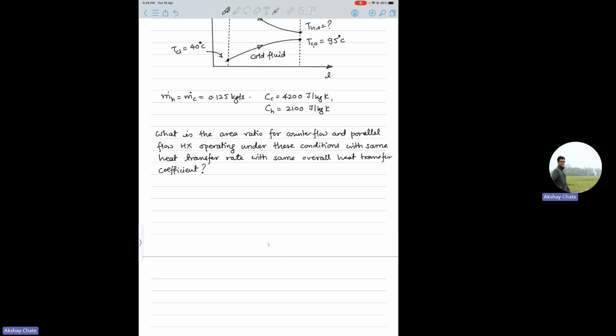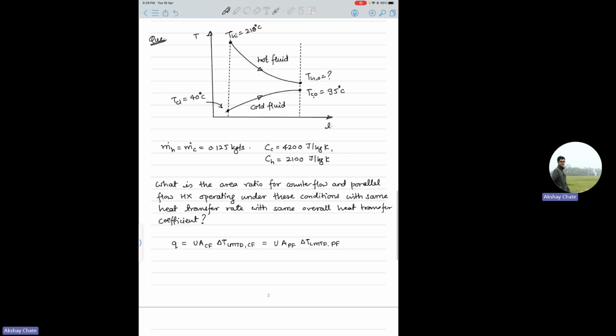We know that Q is nothing but U A for counter flow into delta T LMTD of counter flow heat exchanger, and these are the same as for parallel flow, delta T LMTD for parallel flow. To calculate the LMTD temperature difference, we need all 4 temperatures, otherwise we can't write it.